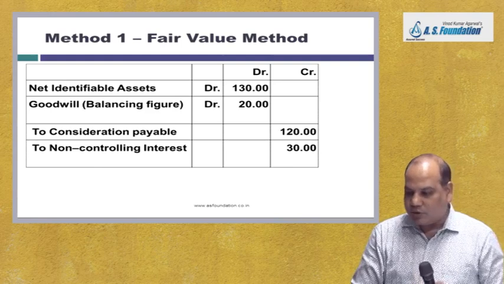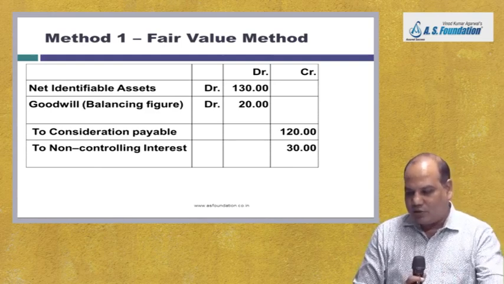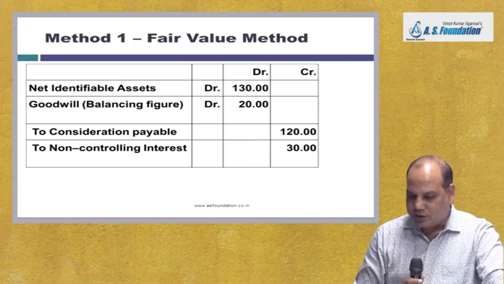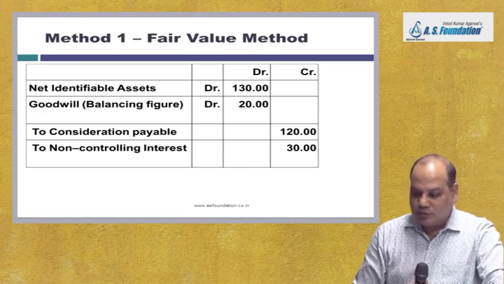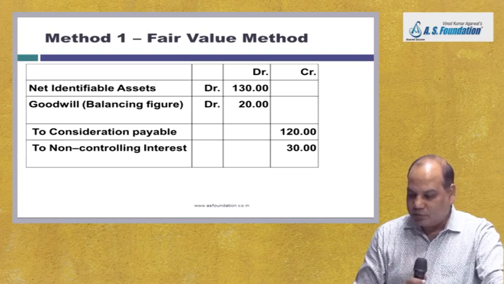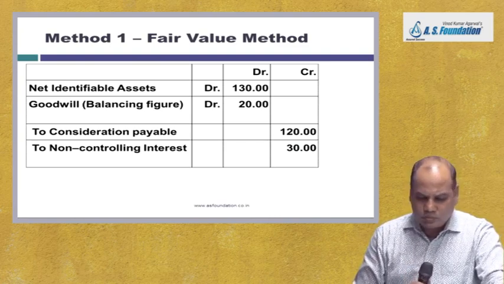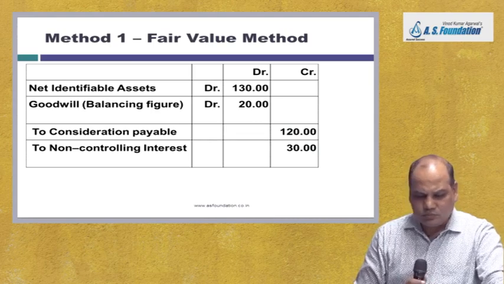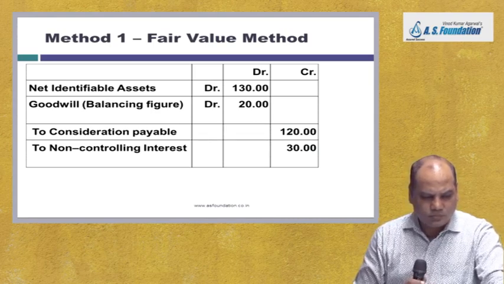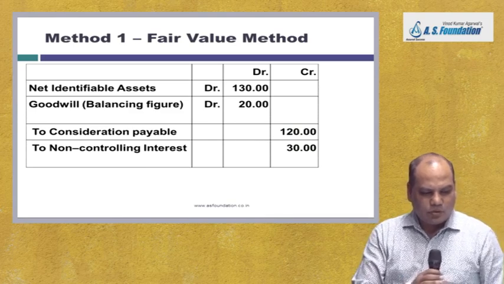Now write down the journal entry. Suppose you have to pass the journal entry on the date of acquisition in the first method, fair value method. Net identifiable asset account debit 130, goodwill account debit 20, to consideration payable 120, to NCI 30.